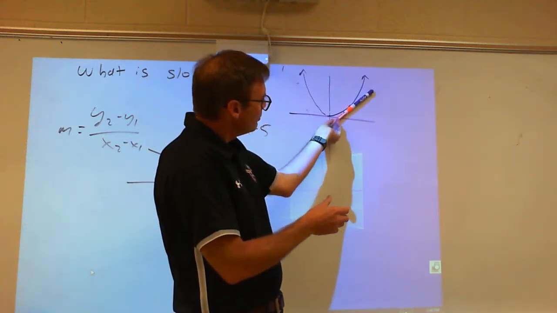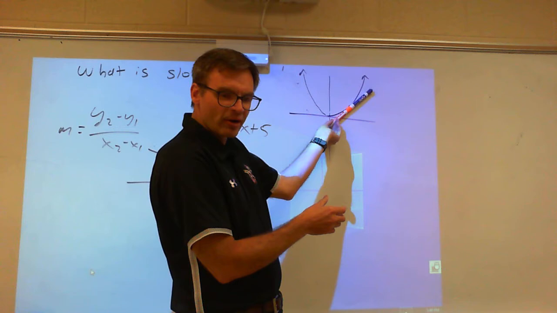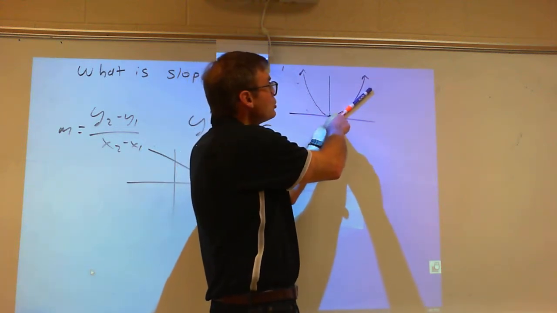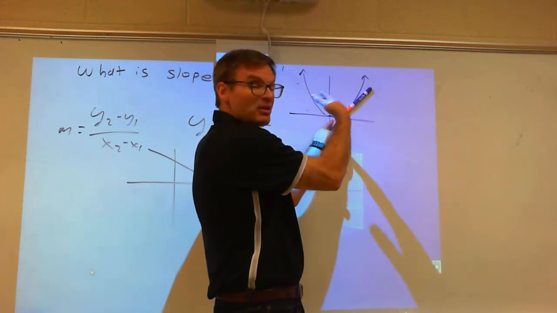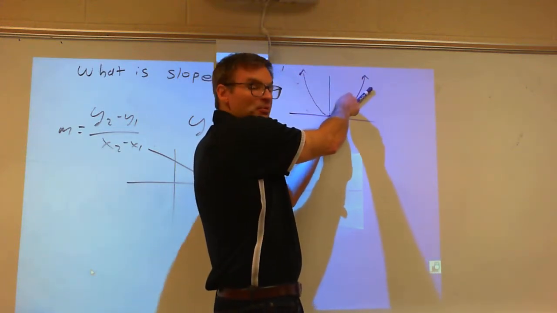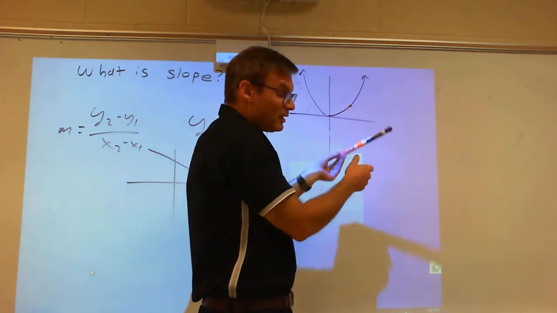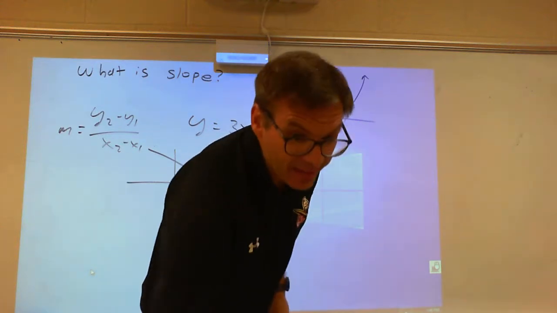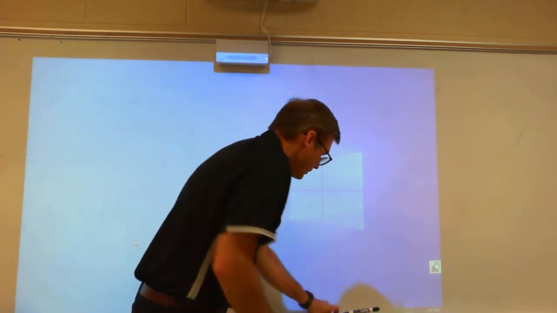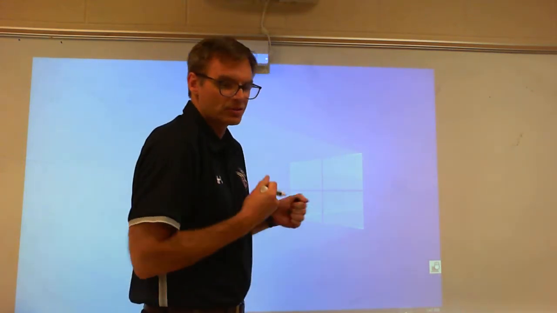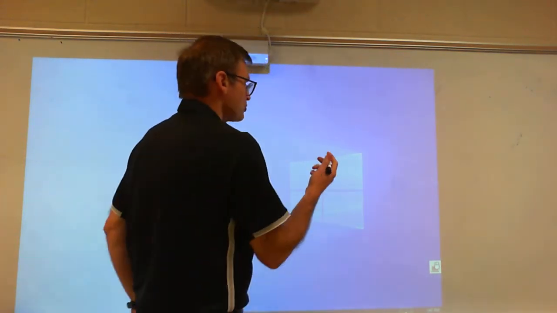So my line grazes just here. And if I find the slope of this line, then that could give me a number to tell me how steep it is at this point. So with that being said, I'm going to start with just a generic function.